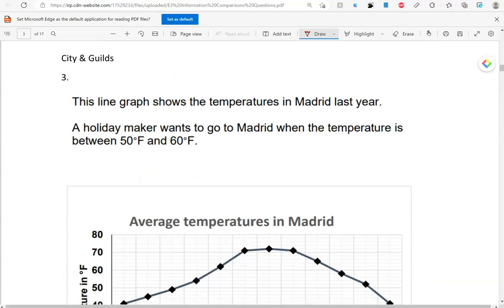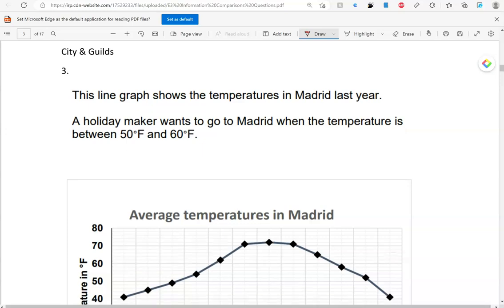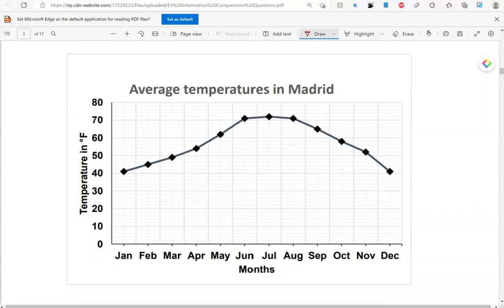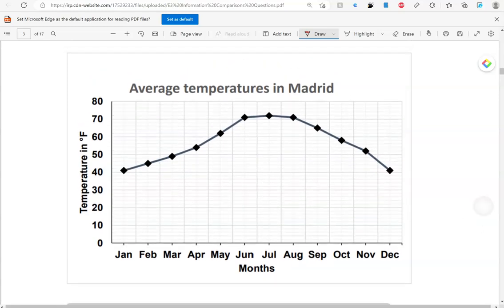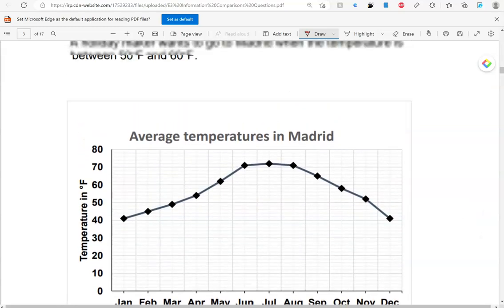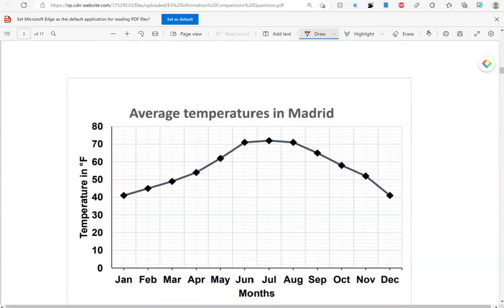This line graph shows the temperatures in Madrid last year. A holiday maker wants to go to Madrid when the temperature is between 50 degrees Fahrenheit and 60 degrees Fahrenheit. In which month should the holiday maker go to Madrid? So we're looking for temperatures between 50 and 60.